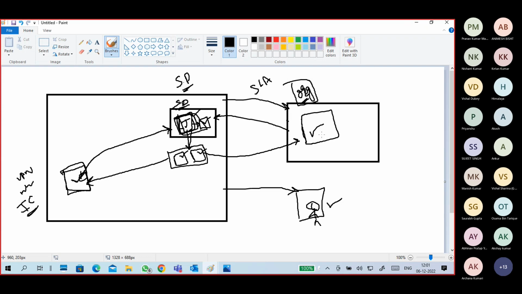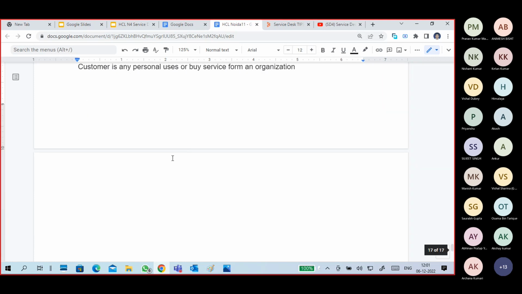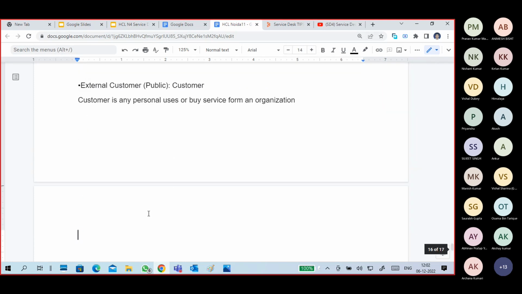If I have some issue, I will approach the service desk of the service provider, contact their customer care, or approach their service desk through email, phone, telephone, or apps. Then I will be able to report my issues. I'll show you one of my issues after the break, so then we can match both things and understand.